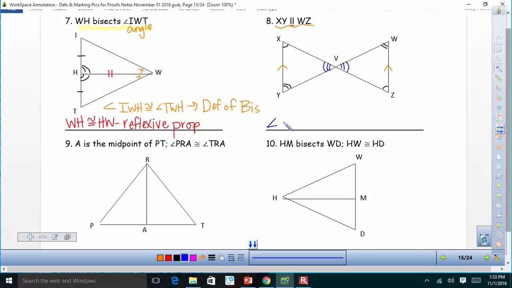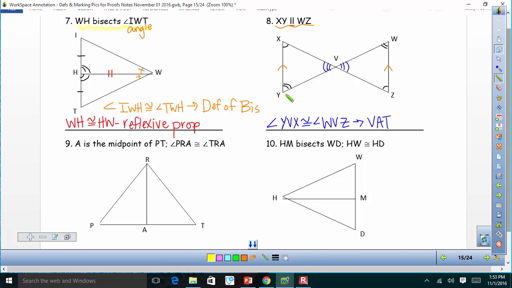The other one will be? So YVX is congruent to WVZ. Okay? And we know that because of vertical angle theorem. Okay, technically, I want to talk about why X and Z are congruent. So if these are parallel lines, if XY and WZ are parallel, what does that make this right here?